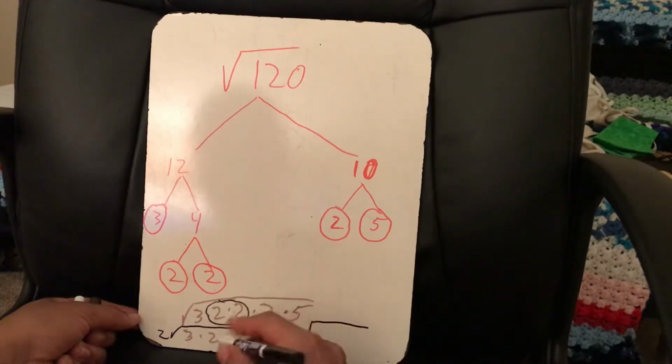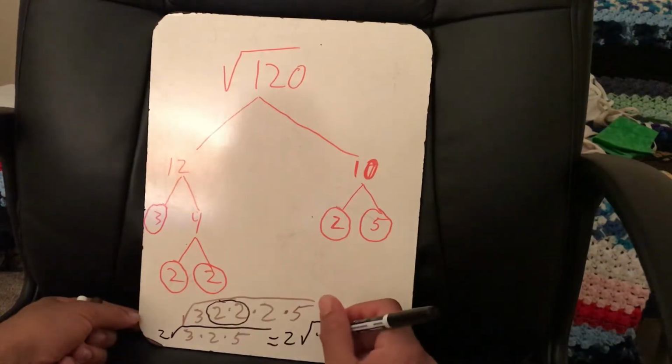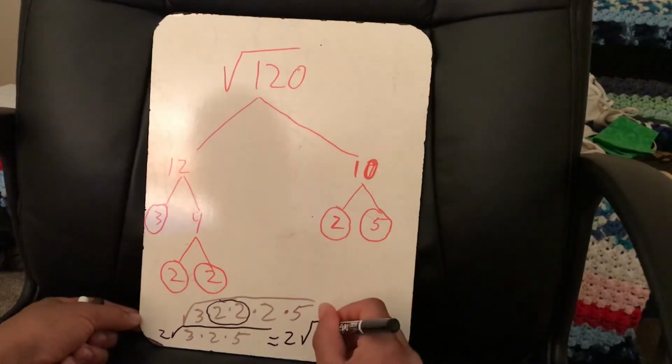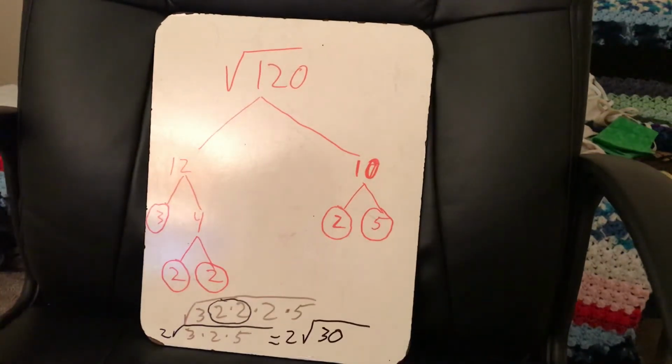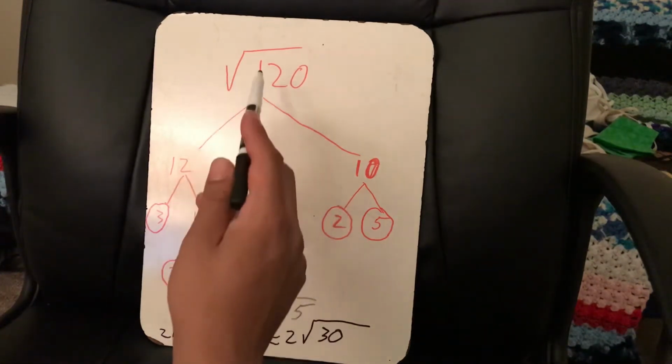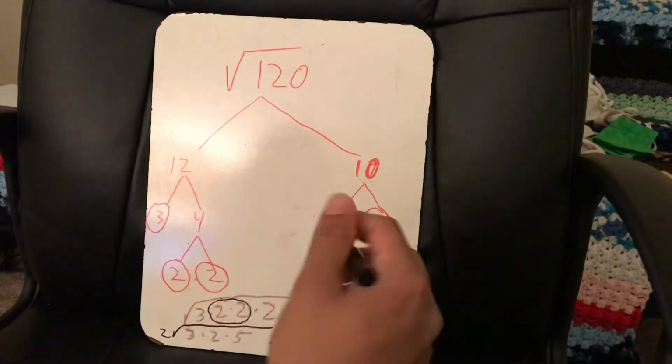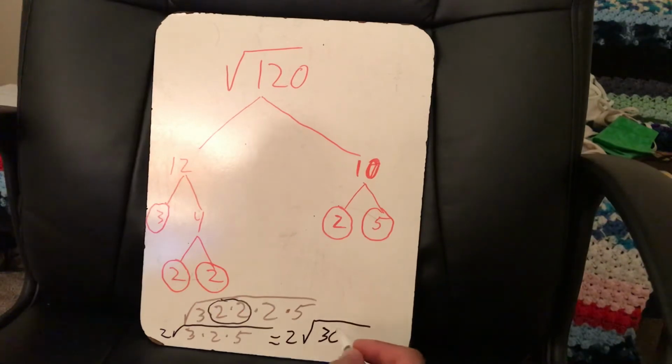So under the radical, 30. And that is my final answer. So radical 120 is equal to 2 times radical 30.